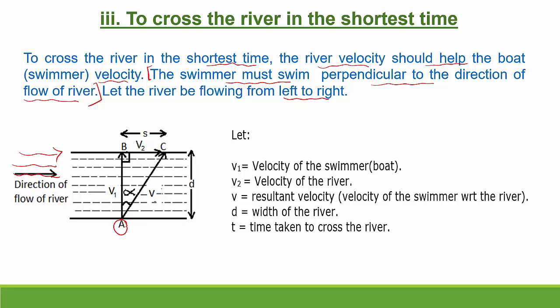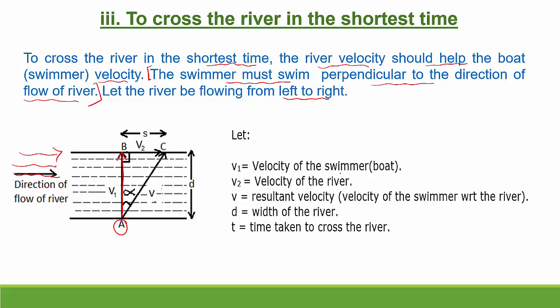The swimmer is at one end of the river at point A. To cross this river, he has to swim perpendicularly. If he is swimming perpendicular to the direction of flow of river, then he can reach another side of the river in the shortest time. From A to B, the swimmer has to swim to reach another side in the shortest time.